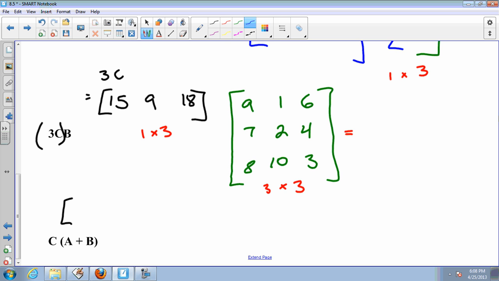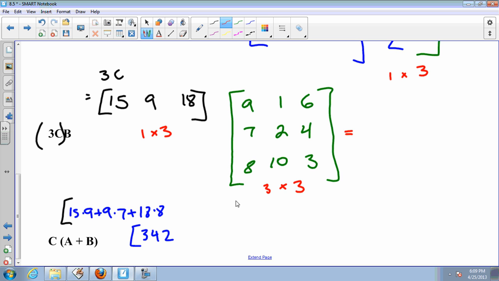We're going to take 15, 9, 18 times our first column. And then add those all together. We get 342. Please use a calculator if you need to.